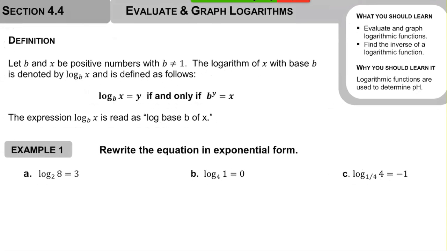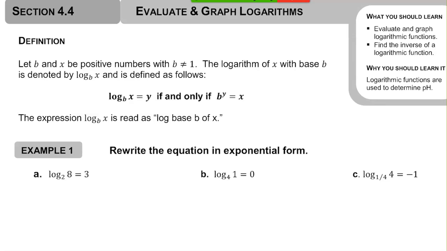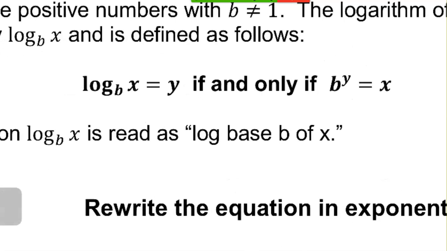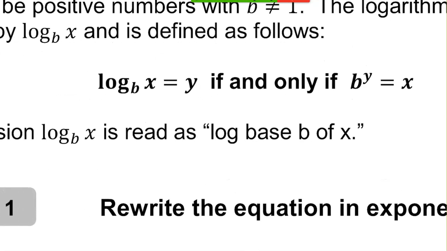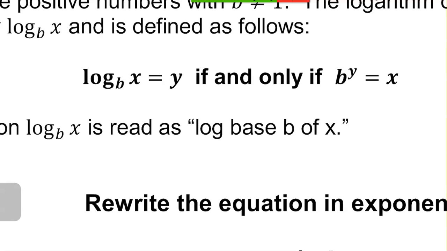So the definition of logs: if you let b and x be positive numbers where b is not equal to 1, the logarithm of x with base b is denoted by log base b of x and is defined as follows. Log base b of x equals y if and only if b to the y equals x. This is in our exponential section because essentially it's a way to express an exponential number.